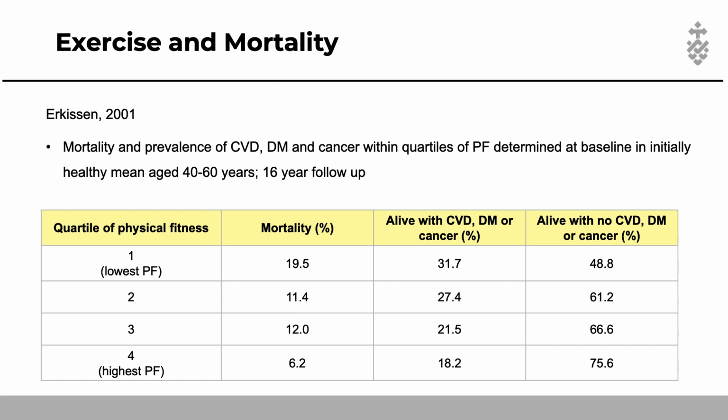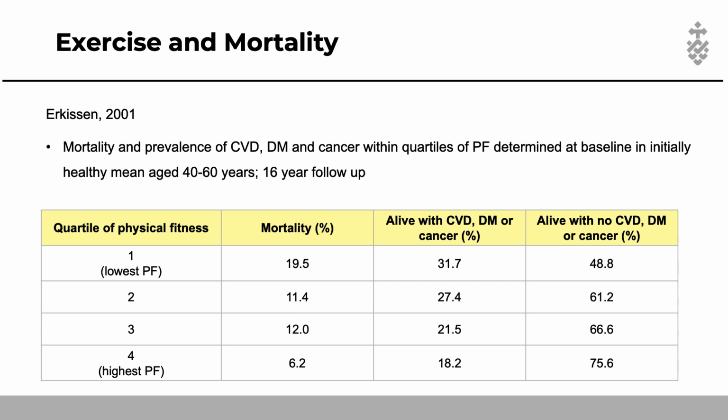So this table shows the data on the incidence of death, cardiovascular disease, diabetes mellitus, and cancer at 16 years after the baseline examinations. So remember that these people were all healthy at baseline, and then they checked back in 16 years later to see whether they died or developed any of these chronic diseases.